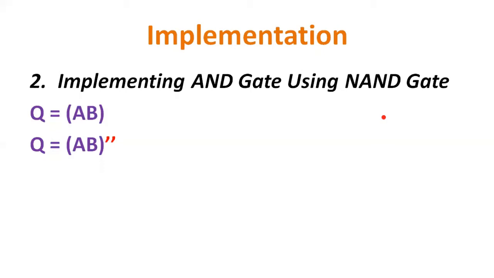Now the next one: I provide one bar to the inner term, that is A dot B first bar, that becomes the NAND gate. So A B single bar is called the NAND gate, and NOT of this first term becomes the AND gate.